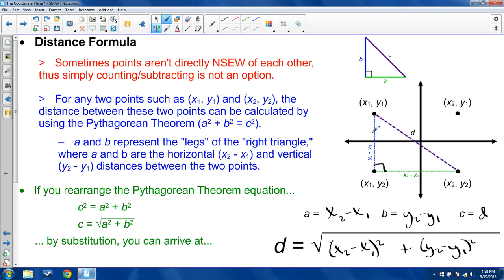That's why it's really important that you understand where it's coming from, what it means, and everything else, because A is nothing more than the distance between your two x values, x1 and x2. And B is nothing more than the distance between your y values, y1 and y2. So that's super important to recognize, so that when you utilize this formula, it's not so much a memorization thing, it's more of, I know exactly what I'm doing, just Pythagorean theorem.